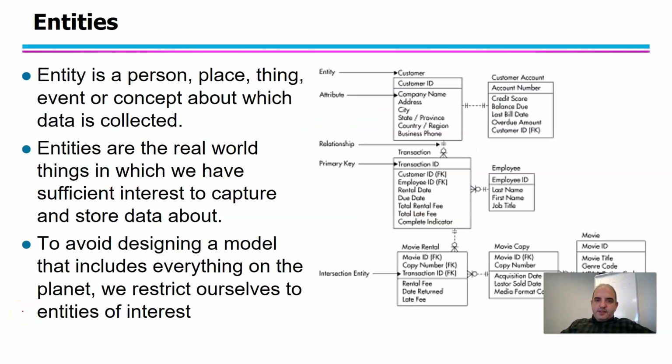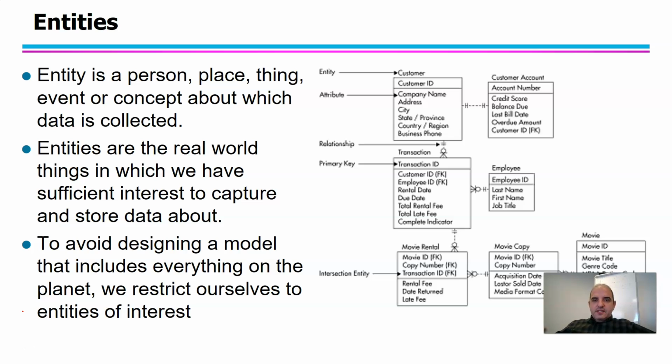So, what is an entity? An entity is a person, place, thing, event, or concept about which data is collected. So, there are lots of things, lots of people, lots of places in the real world, but we don't want to keep data about all of them.